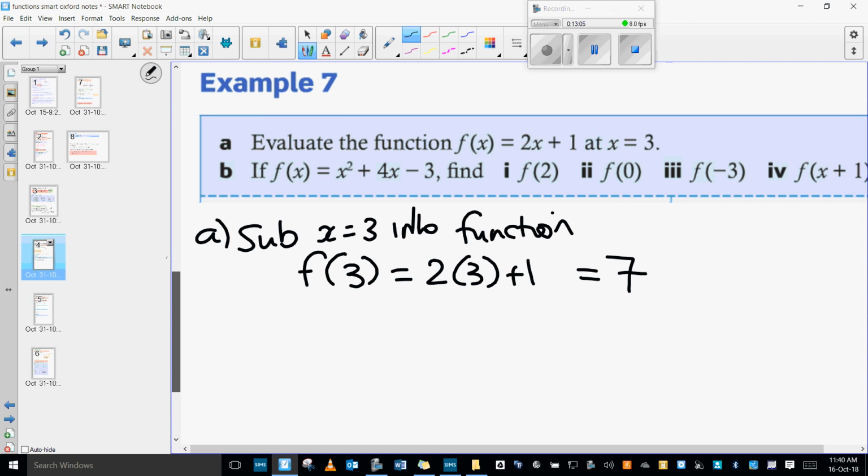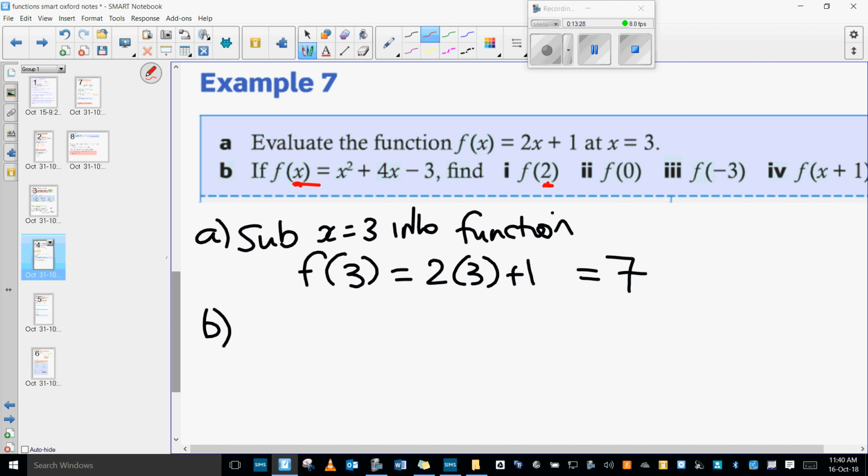So for part B, be aware, in here they've got an x currently, and here they've got a 2. That tells me that whatever letter I had here originally, I'm now just going to put that number instead.